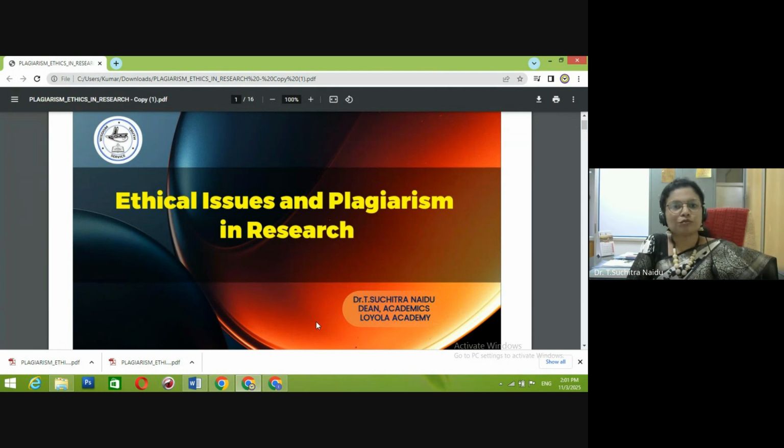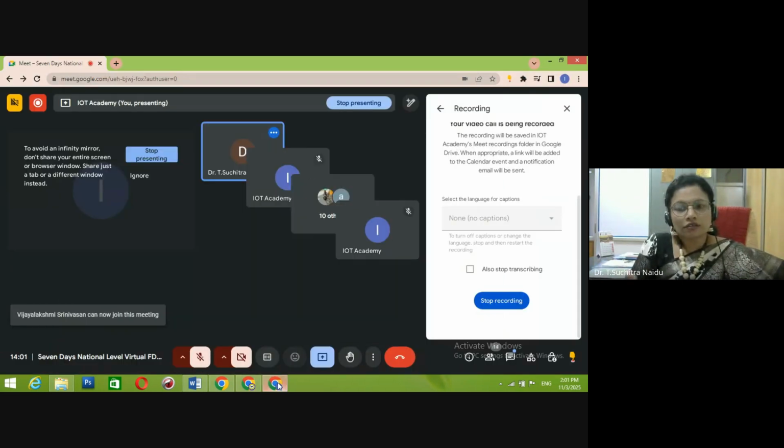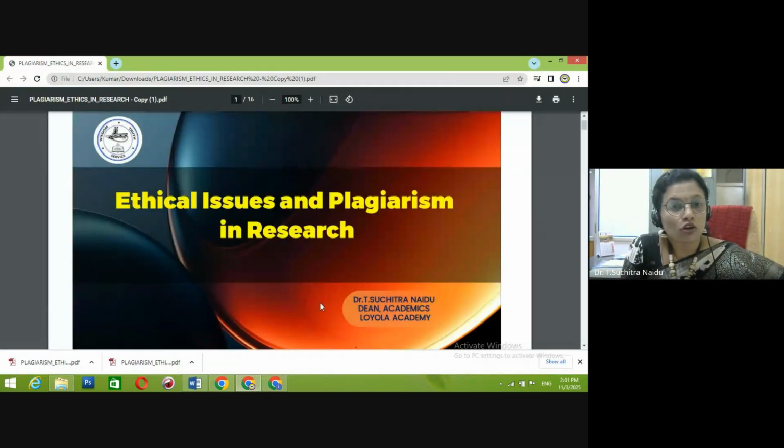Now, firstly, before we get into the topic, let's know what exactly is research. Research, as the word indicates, is a systematic and structured investigation that seeks to expand knowledge, uncover new insights, and provide evidence-based understanding in various fields.